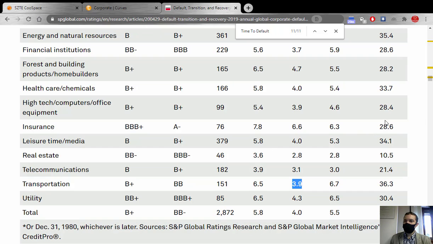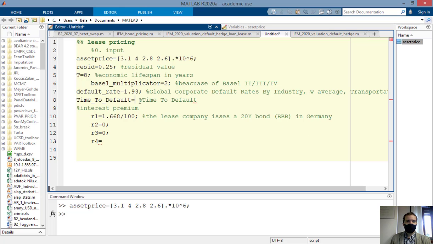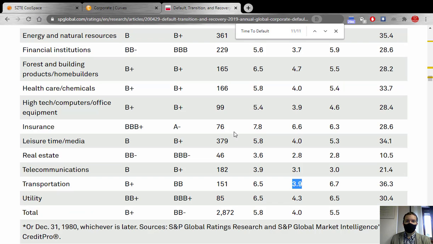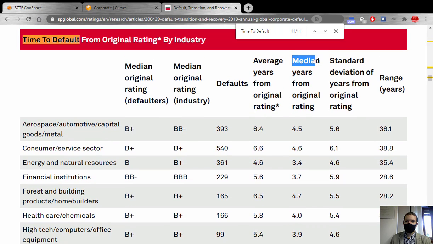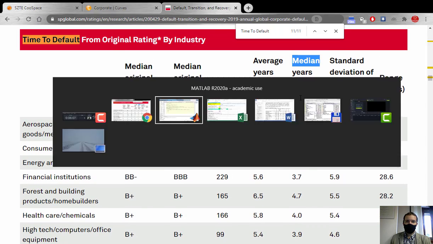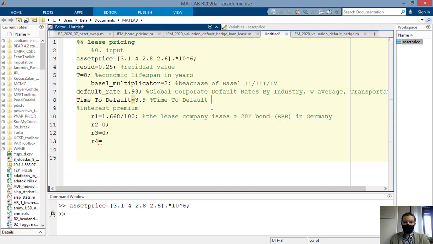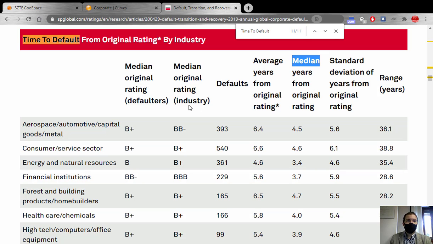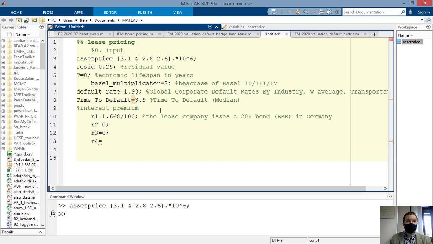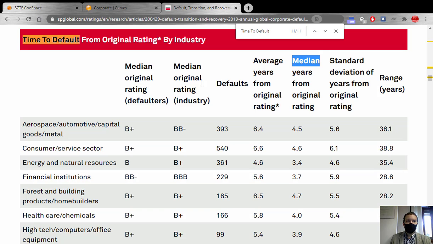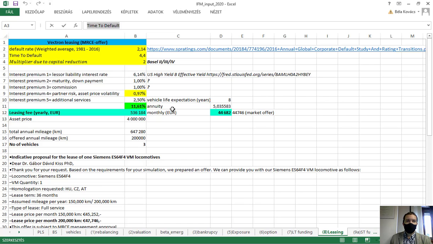Okay, I did not define it so much, but let's say that we are using this. Okay, then let's go back.